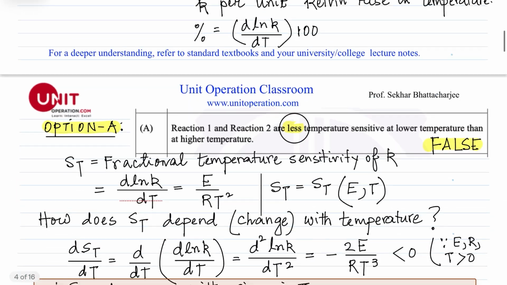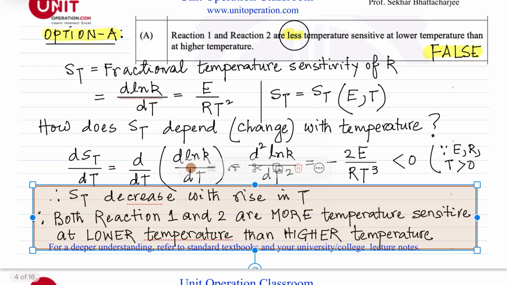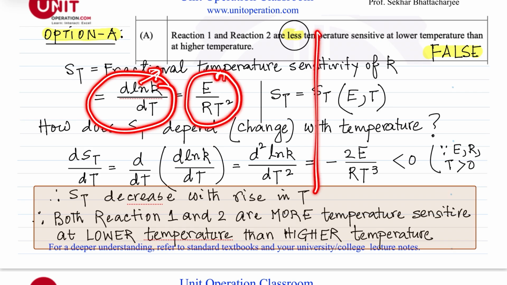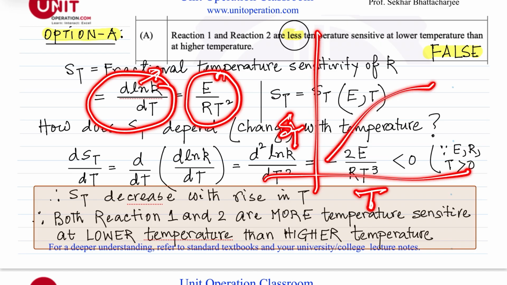Okay, so let's look at the options. It says reaction 1 and reaction 2 are less temperature sensitive at lower temperature than at higher temperature. We defined the fractional temperature sensitivity as the derivative with respect to temperature of the natural log of K, which is equal to this. But this temperature sensitivity also changes with temperature.